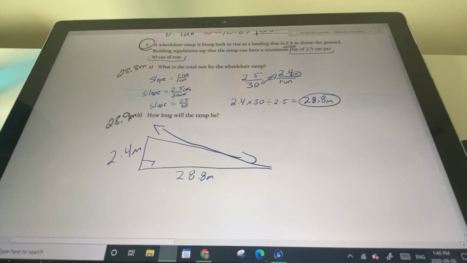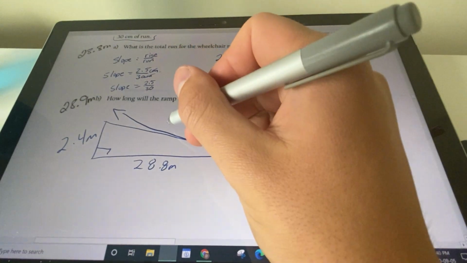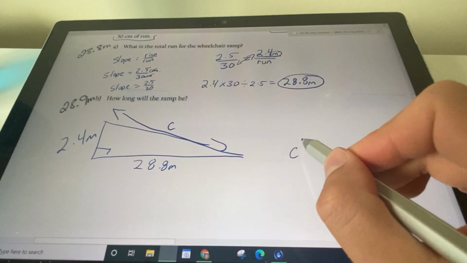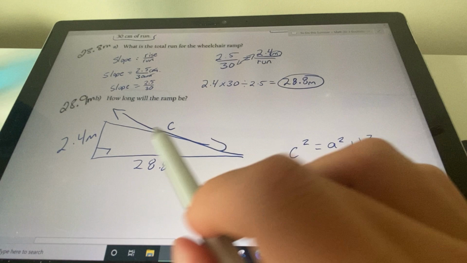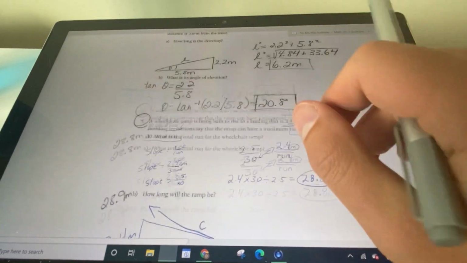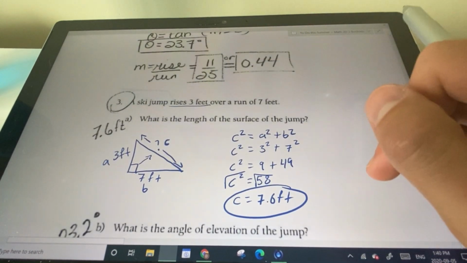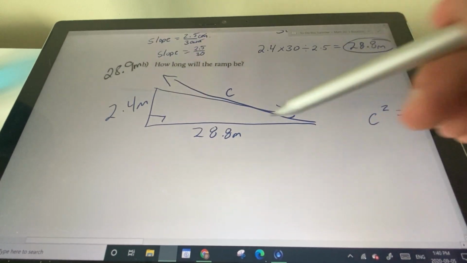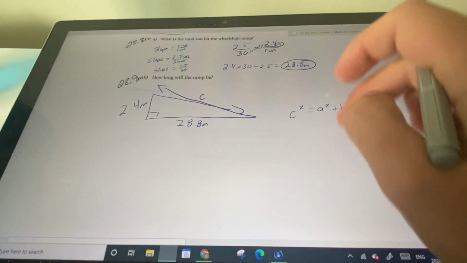I'm going to leave it up to you to use the Pythagorean theorem to solve for, we're going to represent this as c. Remember, this is the hypotenuse, c squared equals a squared plus b squared. You should know how to solve this at this point. Okay, if you don't quite remember, go and rewatch 3a. Okay, and then practice solving for b. I will be looking for your work to solving for b here.